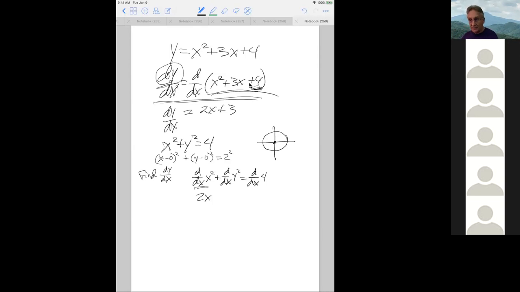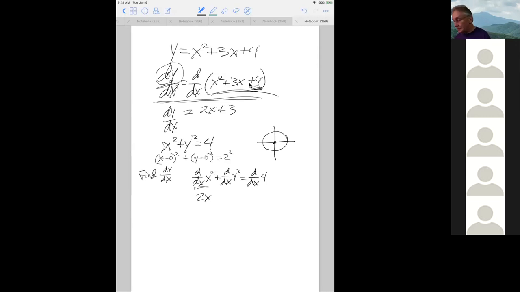So if we take the derivative of a y term, you've got to use the chain rule, because it's not just y, there's a function inside there. You know, y is representing a function. So to take the derivative with respect to x, you've got to use the chain rule on it. And I'll show you that right now.